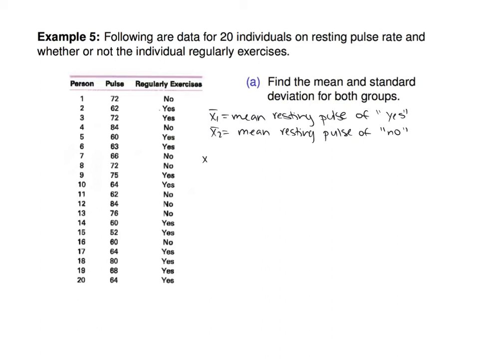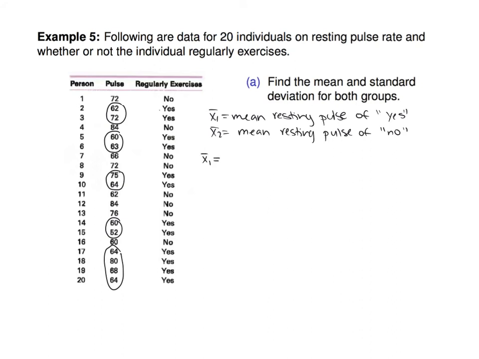One way to put this into Excel is to take all of the yeses, which would be these two, these two, these two, these two, and those 4. Looks like there are 12 of them. 2, 4, 6, 8, plus 4 is 12.